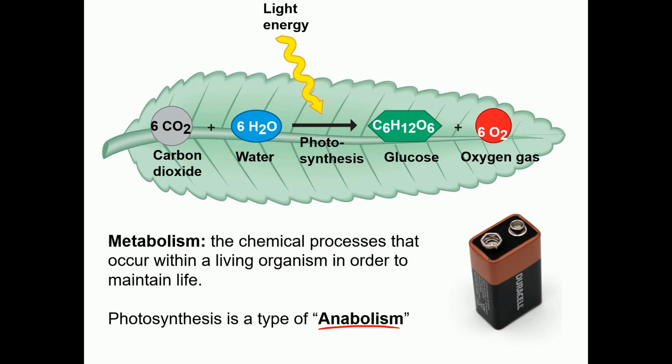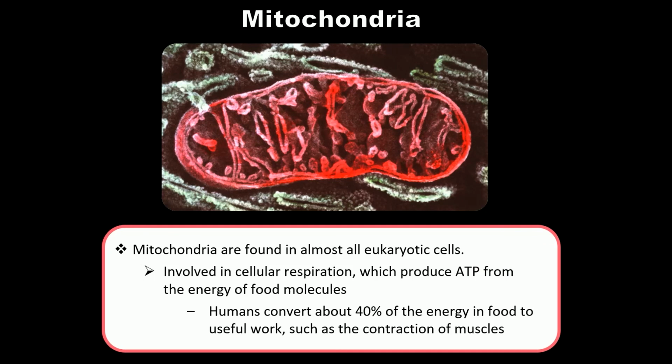Now, the exact opposite reaction is something we call cellular respiration. This is where we use oxygen gas in order to break down glucose. We say we oxidize glucose in order to release that chemical energy and make our cells do work in the process. And that is the domain of mitochondria.